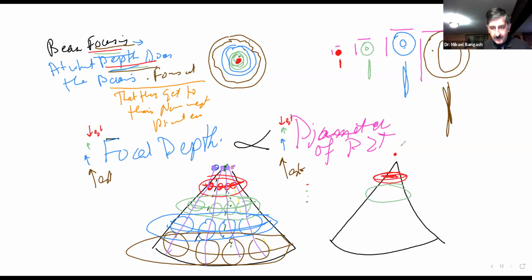This depth here of our image was due to this bigger PCT. This depth of our image here was due to this PCT. And last but not least, this depth of our image was made by this PCT.